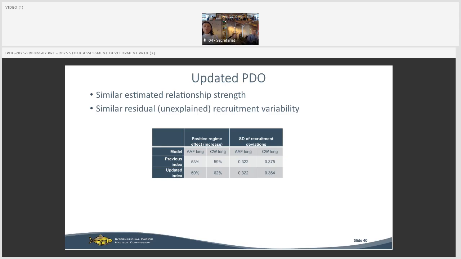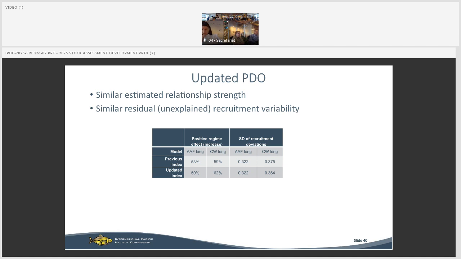So the way to interpret that is the lower that gets, if we had the perfect recruitment index, that value would be 0. We would have explained all the variability in recruitment with the environment. What you see is that actually there's very little difference between each. So the top row is the previous index for the PDO and the bottom row is the current. And the coefficients change a little bit.